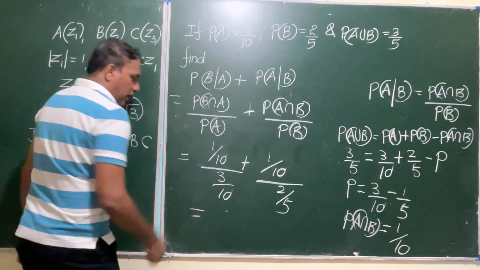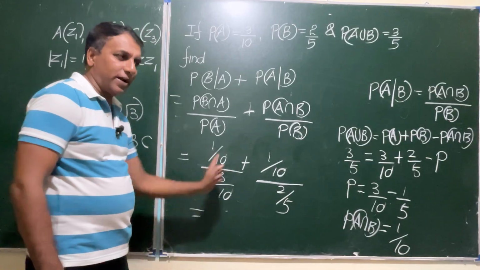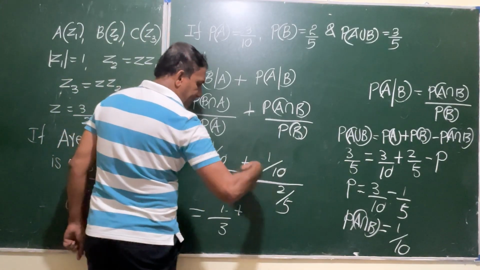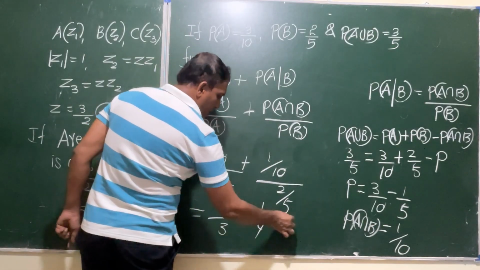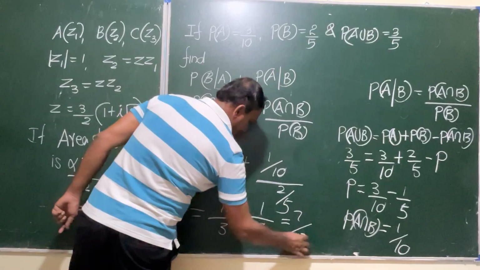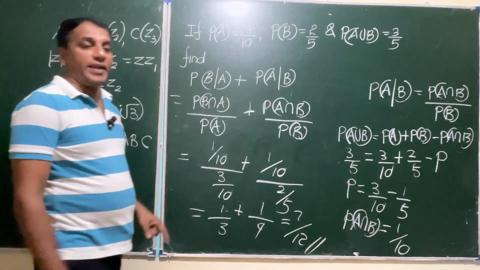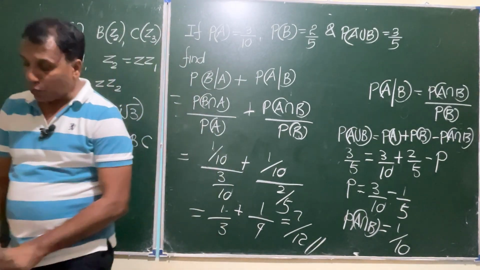Multiplying up and down by 10, the first term is 1/3 and the second is 1/4. Therefore, the probability of B given A plus the probability of A given B is 7/12.